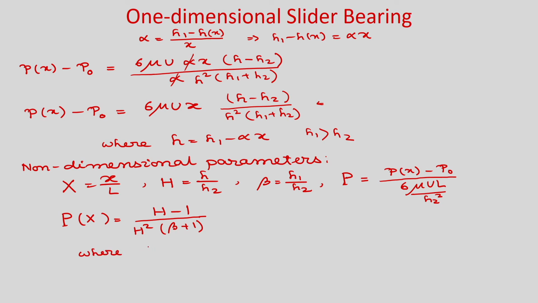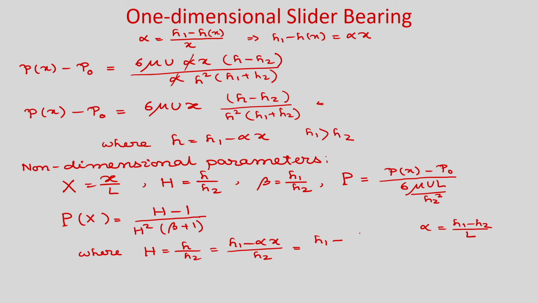Here you can see that H is H by H2, which is H1 minus alpha x divided by H2, and we can write alpha as H1 minus H2 divided by L, right.